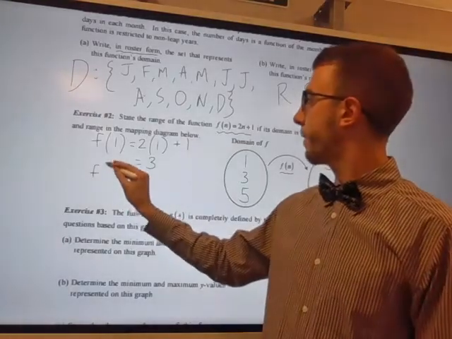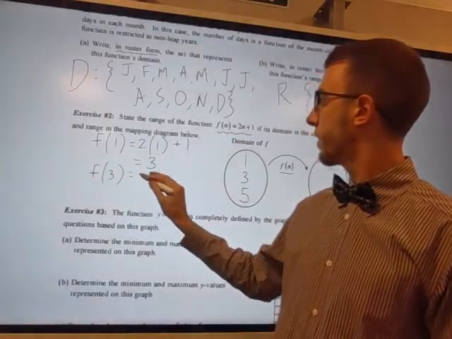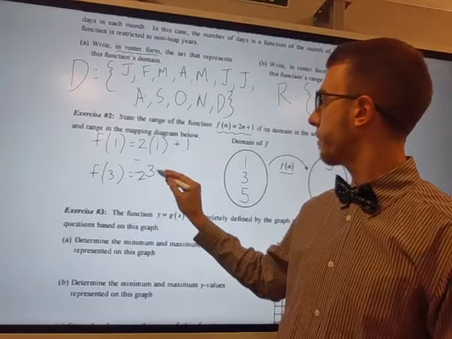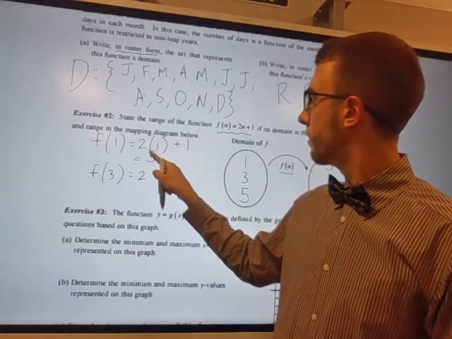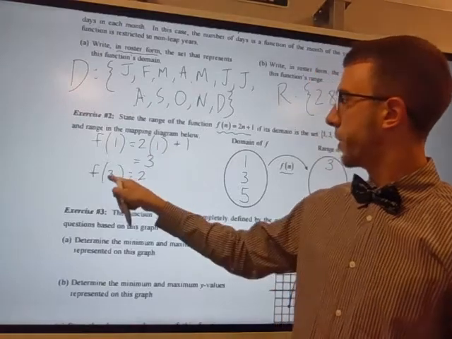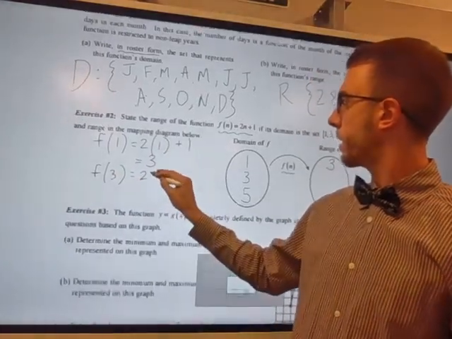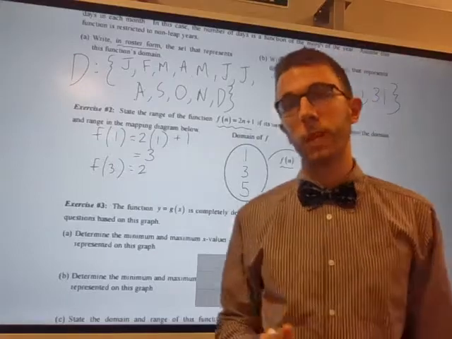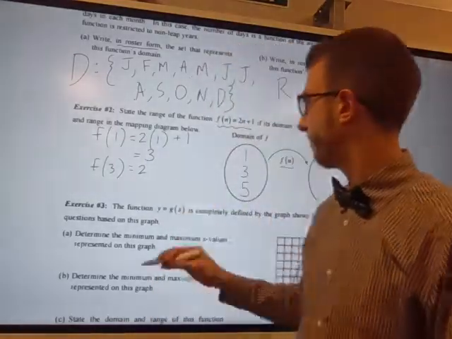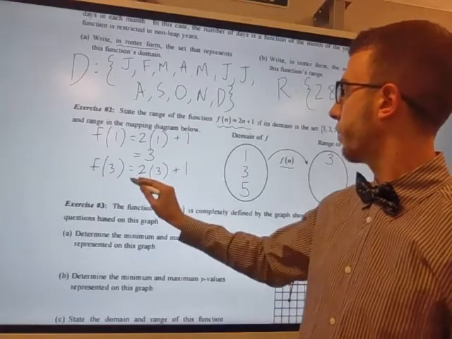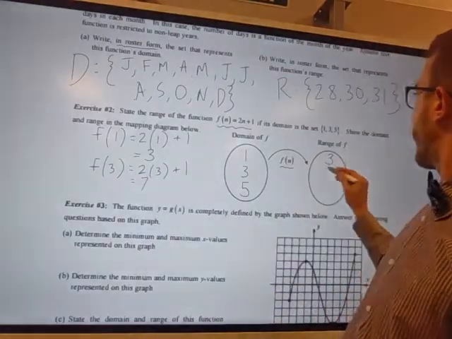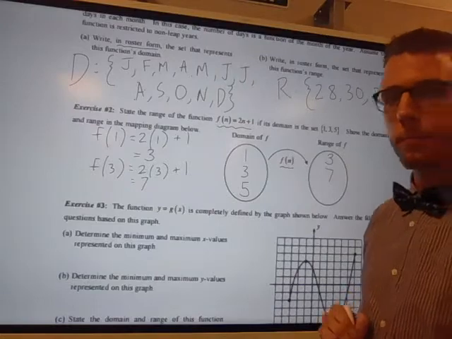Then I take f of 3. Same idea. I'm now substituting 3 for n. This board is very finicky today. Okay. So then we get 6 plus 1 equals 7. That's the second value in my range.